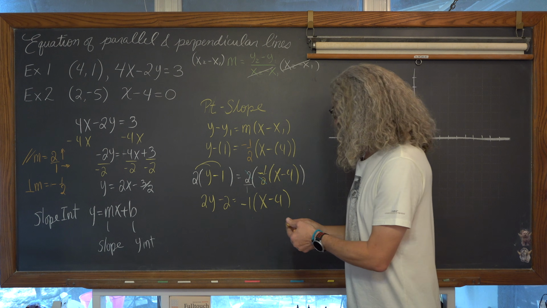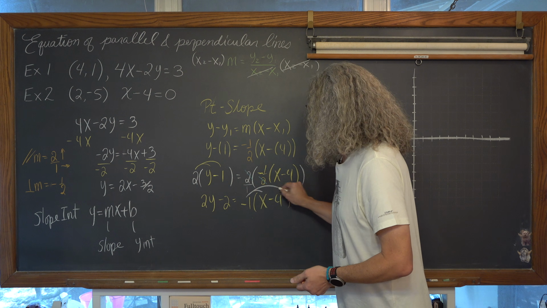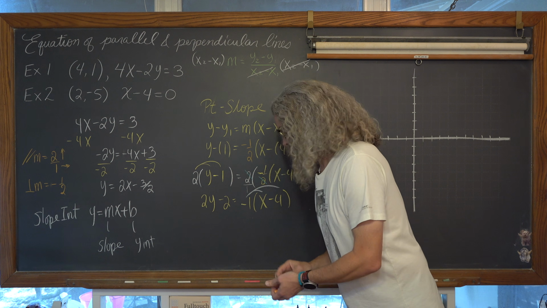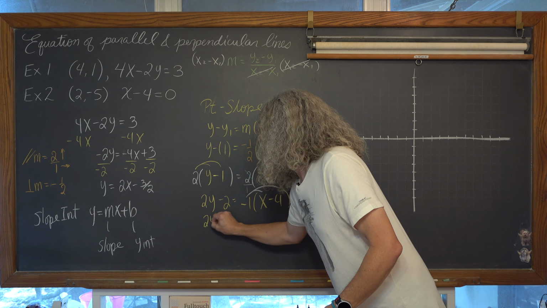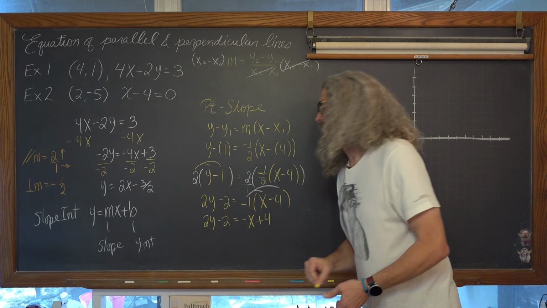So we're going to then distribute the negative 1 through the parentheses, giving us 2y minus 2 is equal to negative x plus 4.